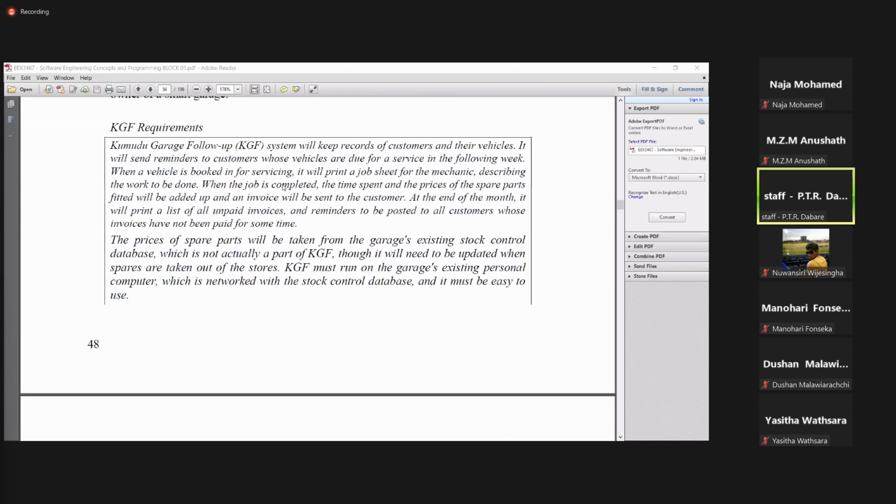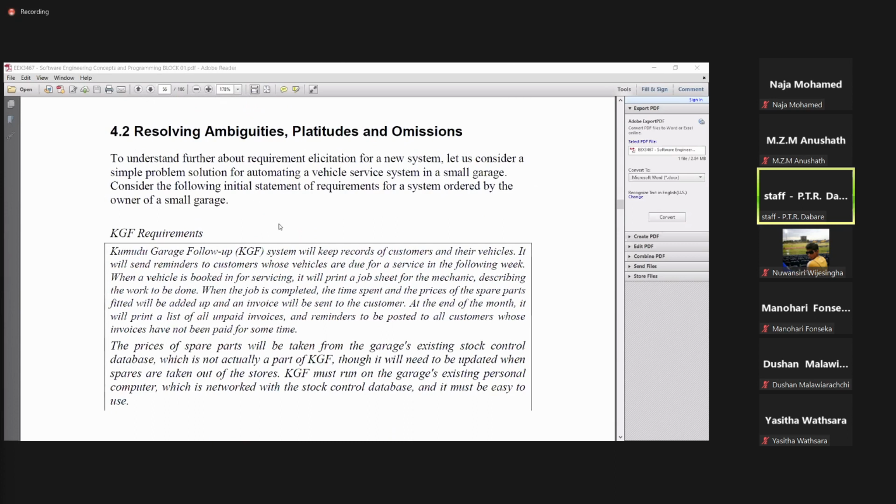It explains very nicely about a requirements document. Consider the following initial statement of requirements for a system ordered by the owner of a small garage. This is the Kumudu Garage follow-up system, right? This system will keep records of customers and their vehicles. It will send reminders to customers whose vehicles are due for a service in the following week. You understand? If your vehicle needs service next week, they will send a reminder.